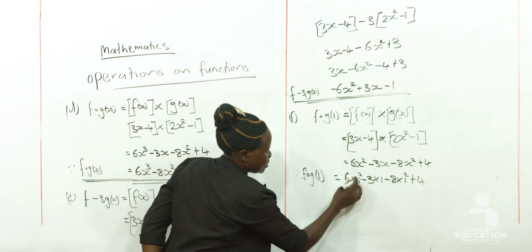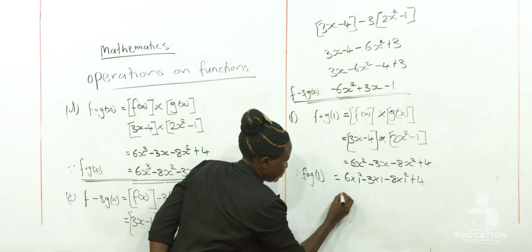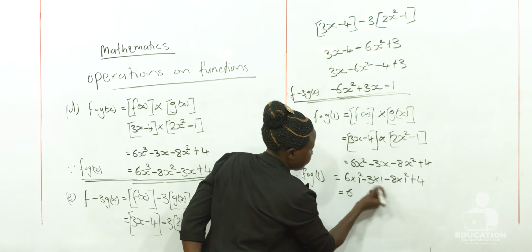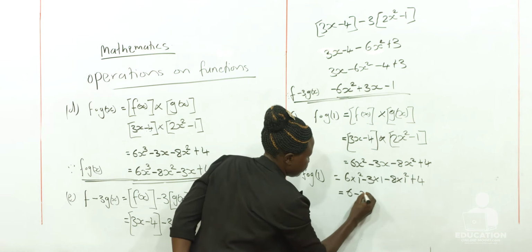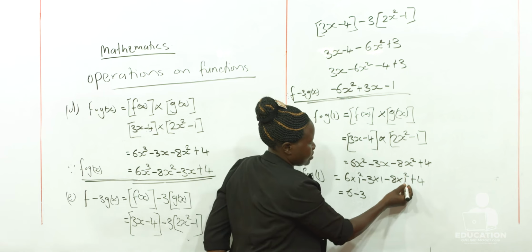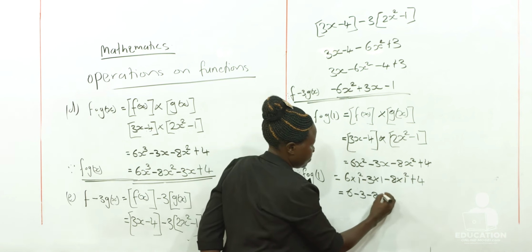So this will give us 1 times 1 is 1, times 6 will remain 6. And then negative 3 times 1 we get negative 3. And then here we have 1 times negative 8, we get negative 8. And then plus 4.